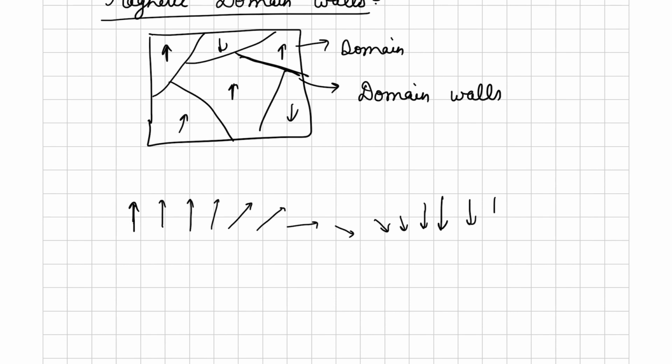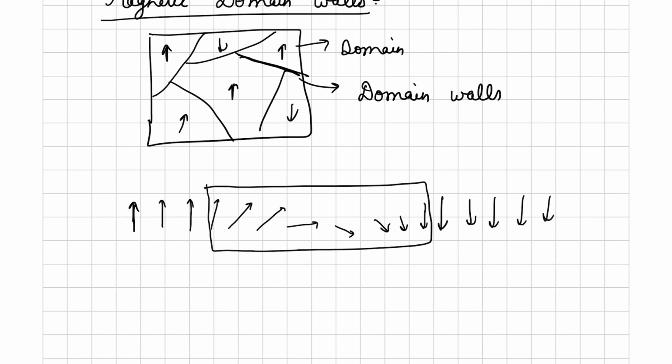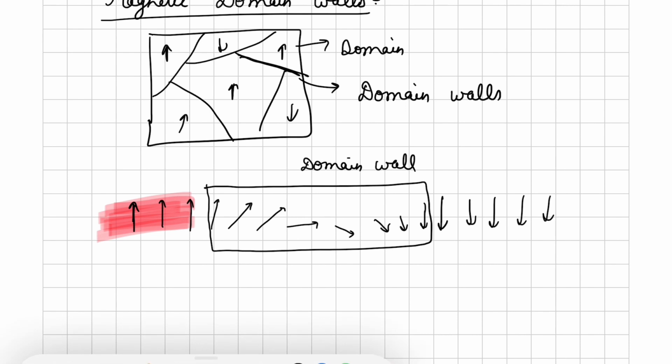Then it will become like this. So this region from here till here is the domain wall. Let me use a different color. This is one domain, and this is another domain. And this is our domain wall.